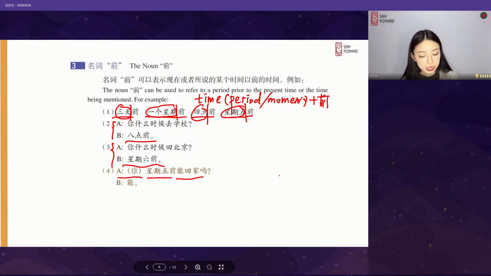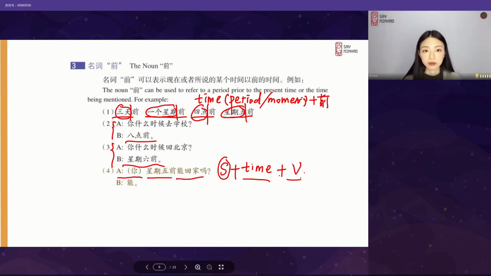Okay, for this sentence, we can see the subject is 你, right? You. And then is the time word, right? And then we can see 能回家吗 is the predicate, right? Can go back home. So this is the structure we've learned before in the last part: the subject plus the time word plus the verb.